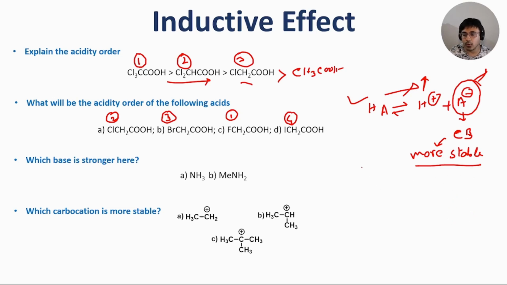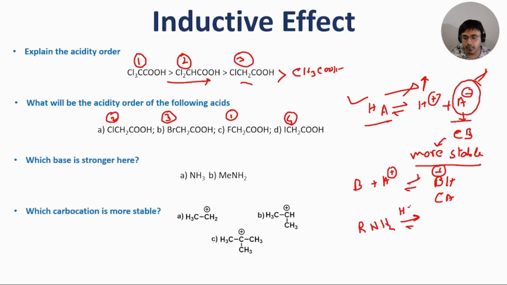We'll learn both here. Like I told, an acid will give a conjugate base once it dissociates. Similarly, if I have a base and I treat it with some acid, it will give a conjugate acid. For example, if I have a base like RNH2 and I treat it with acid, it will provide RNH3 plus.